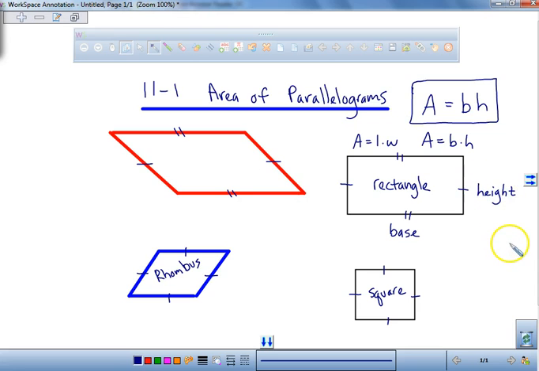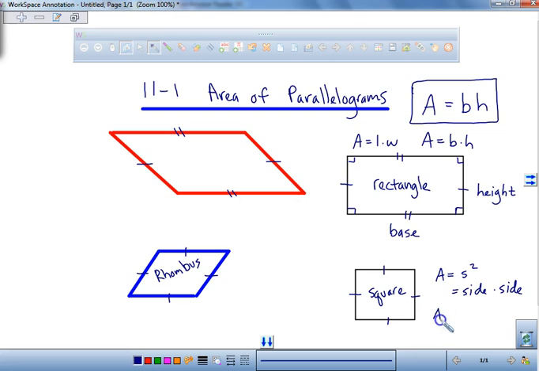What you need to know about all heights and bases, they are always connected by right angles. If they're not connected by a right angle, then it's not a base and not a height, so you can't use it. Right here, a square, typically you think the area of a square, if you Google it, will say S squared, which means side times side.